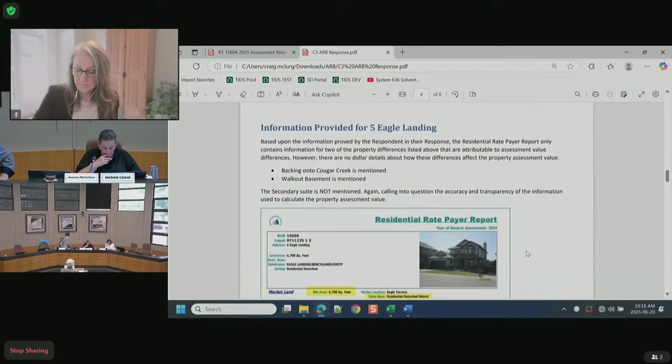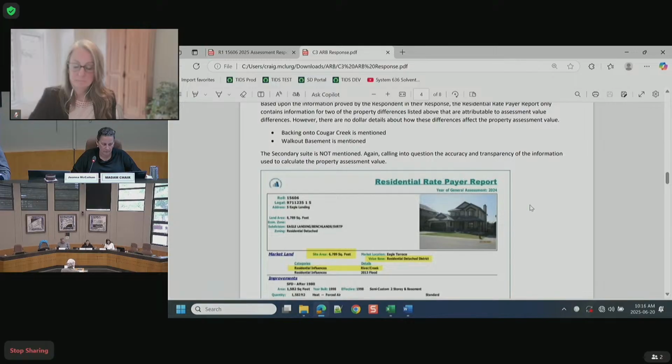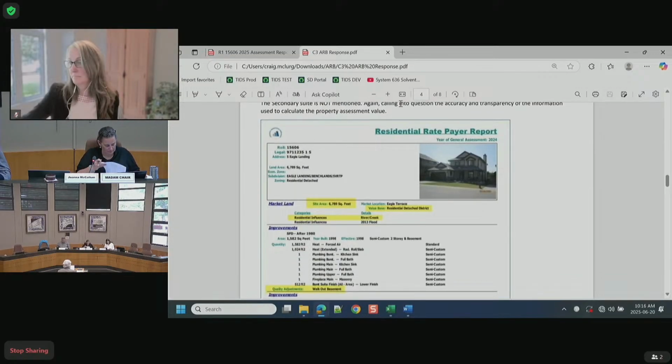So what I got back is the residential ratepayer report for 5 Eagle Landing. It's backing onto Cougar Creek, but there is no mention of a walkout basement on my ratepayer report. I apologize for the quality of the ratepayer report, but this is the quality that I got. It's really hard to read, but I am highlighting a few things.